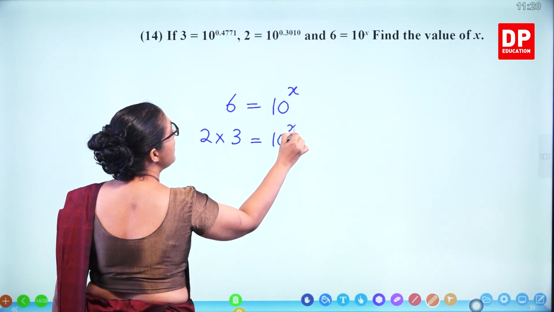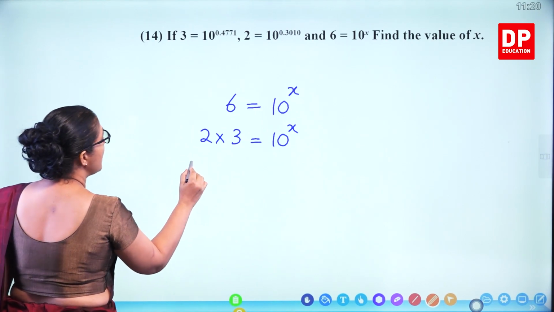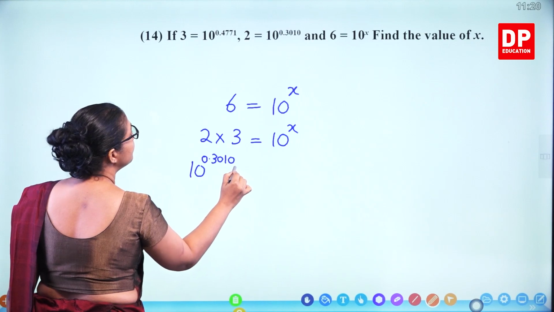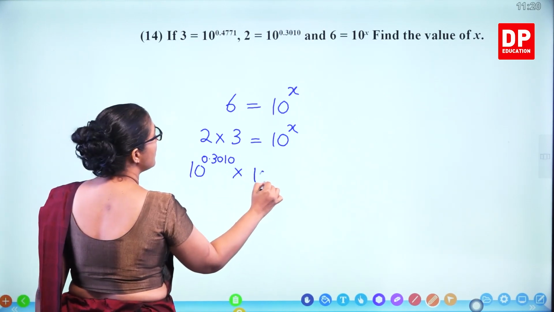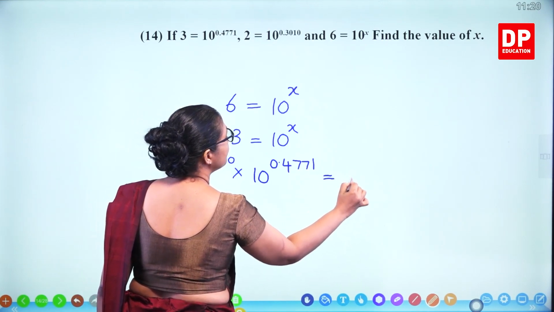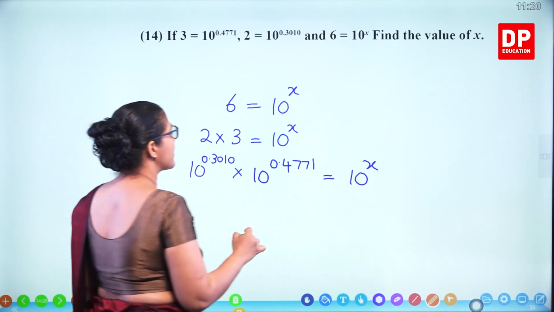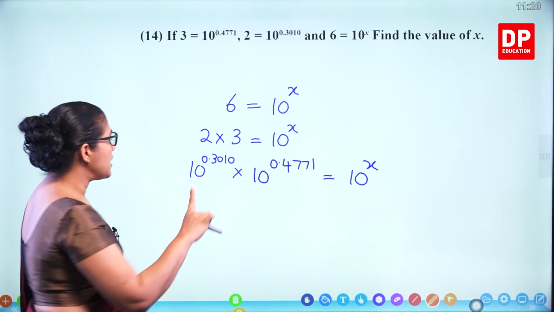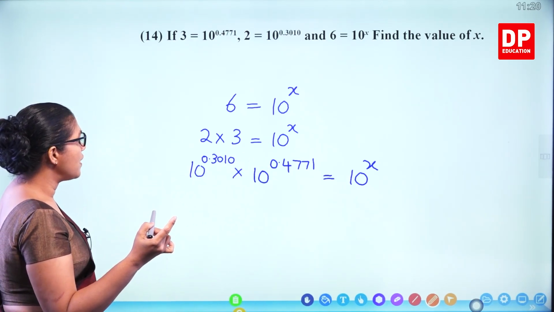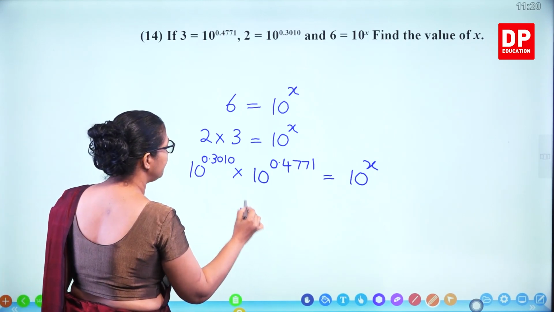Now I can replace. Instead of 2, that's 10 to the power 0.3010. 10 to the power 0.4771. That's 10 to the power x. Same base multiplication, you add the powers. Laws of indices. So what's the addition?